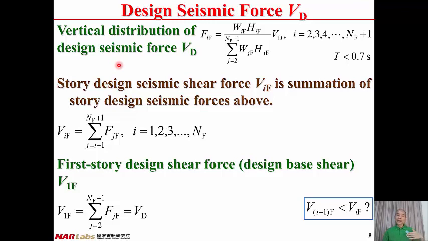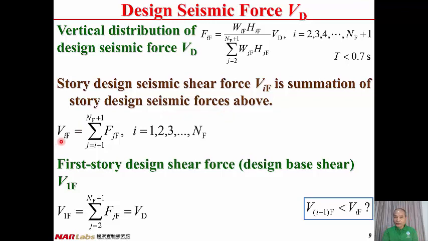Okay, once we have the story design seismic force, if we sum up all the story seismic forces, then we can have the story design seismic shear force, Vi^F, which is the summation of the story design seismic forces above.